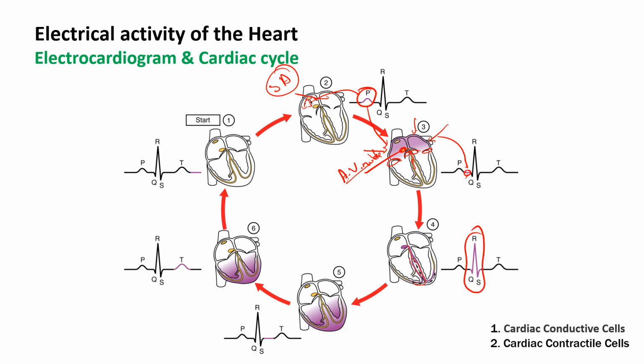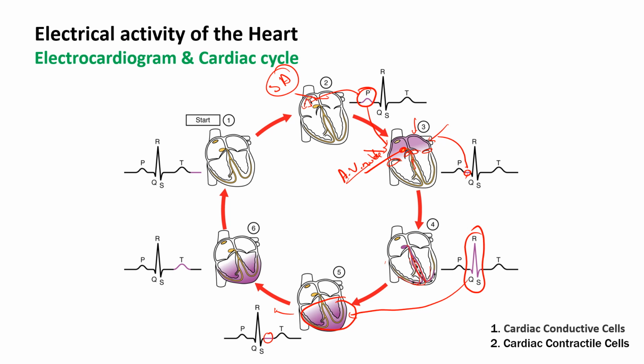We know that now the impulses reach the muscles in the ventricles, right? Immediately after that, what you're going to have is the ventricular contraction, right? And then after the ventricular contraction, you have a pause because that's the time it takes for the ventricles to fully contract.